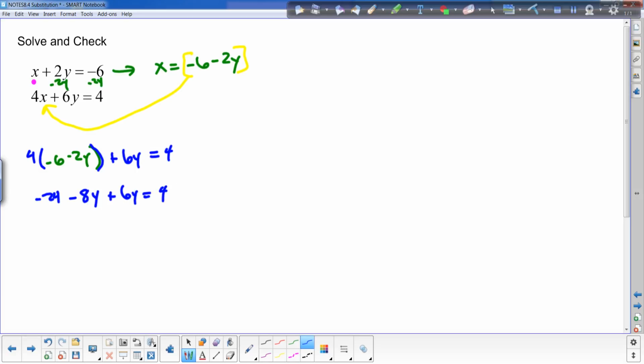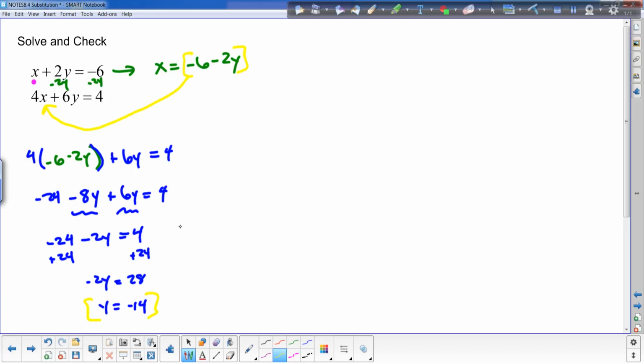We like to combine our like terms. And then we finish solving. Divide both sides by negative 2. But again, once I've found my y, I have to plug it in to find my x. I can plug the y into here, here, or here.